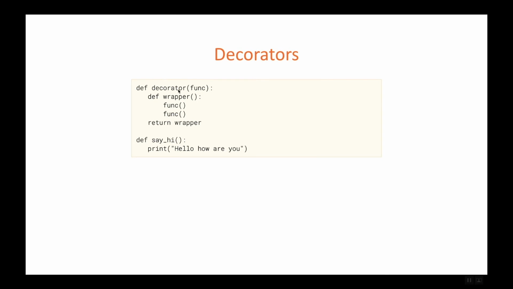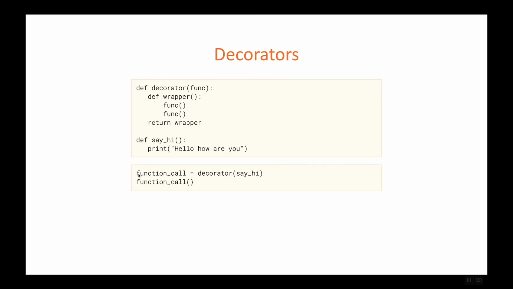I just put the name decorator so that it's very obvious what it does, but you can name it anything you like. Inside this decorator function, I have another function that is called the wrapper that executes my function that I pass to the decorator twice. So you can see here, I'm calling it twice, and then I am simply returning this inner wrapper function.